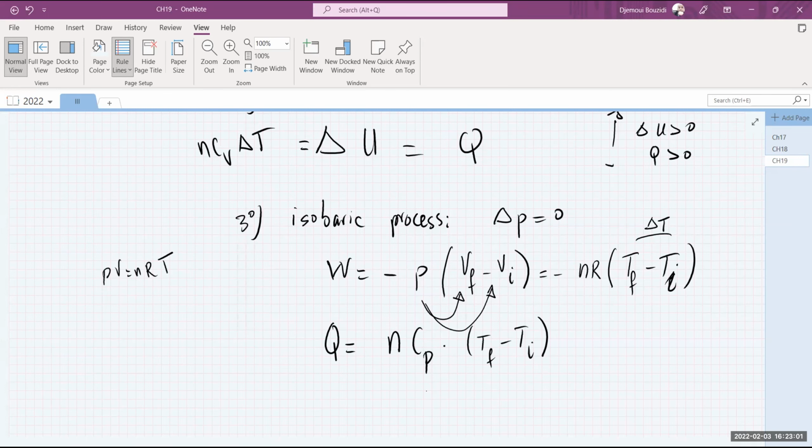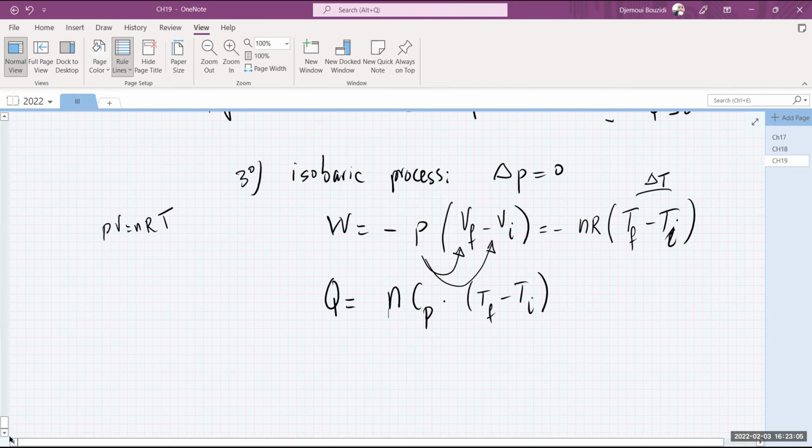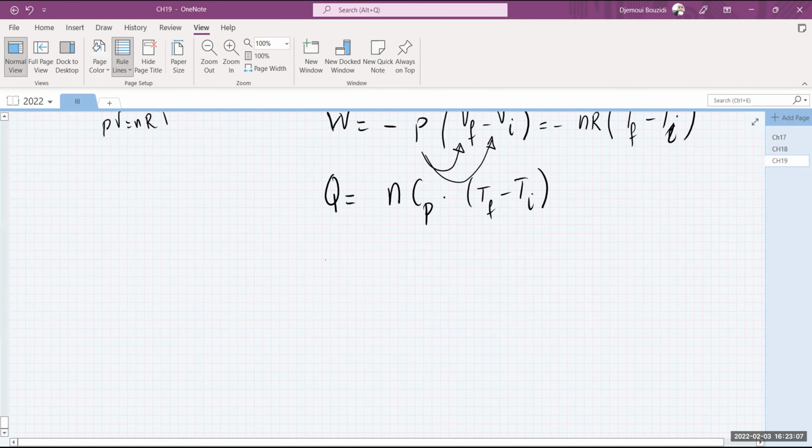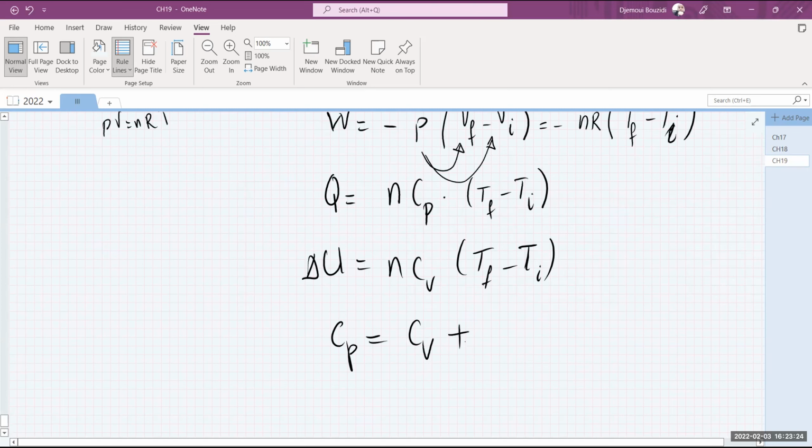Similar to the molar specific heat at constant volume. As a matter of fact, the energy, which I always say, is nCv delta T. Here is where we define gamma and where we define all kinds of things. And we found a very useful relationship, always true: Cp is Cv plus R.